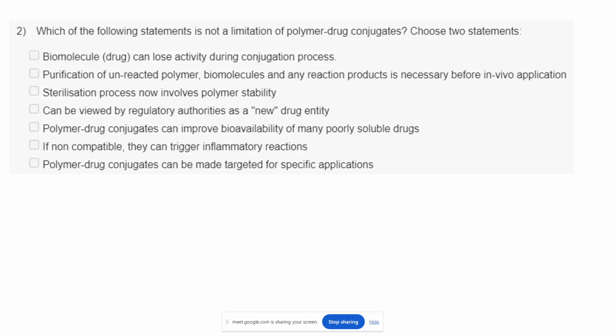Which of these is not a limitation of polymer drug conjugates? Till now we have one answer.